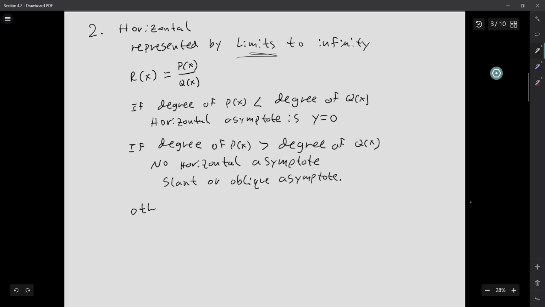So otherwise, if the degree of p of x is equal to the degree of q of x, then we will look at the coefficients of the highest degree terms.